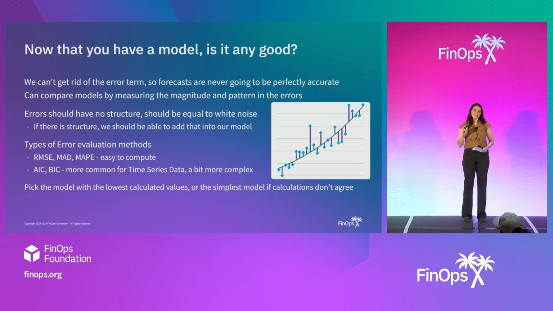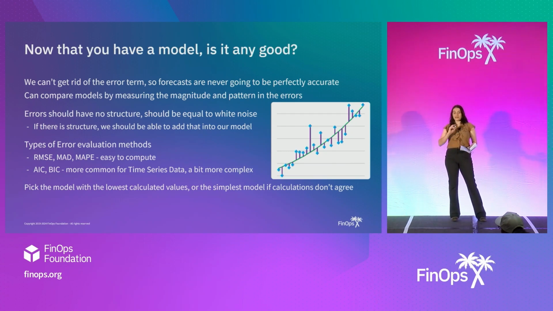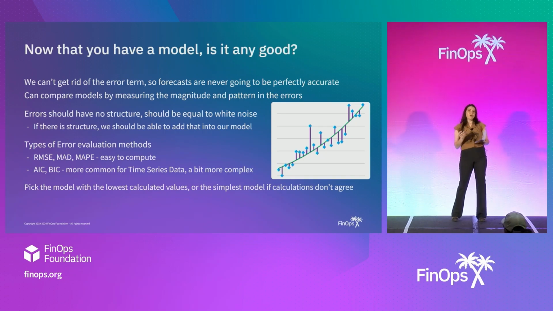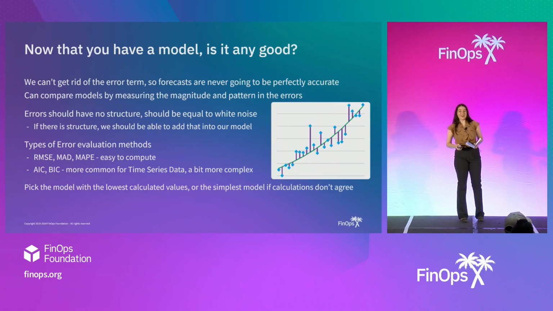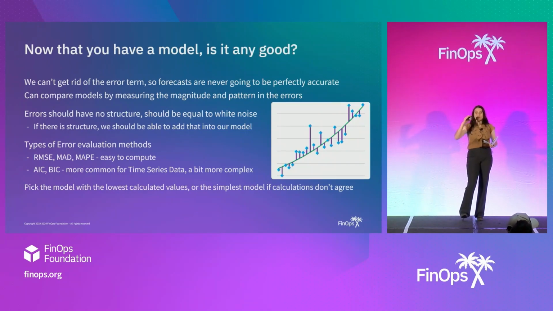And so some methods for actually calculating that are going to be the root mean square error, which tries to get a measurement for the magnitude of all of those errors. And so if you have multiple models, you can compare that metric, and you would want to pick the model that has the lowest RMSE because that means your model is going to be more accurate.